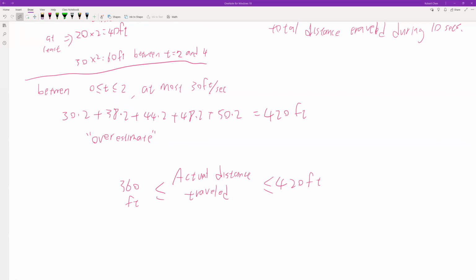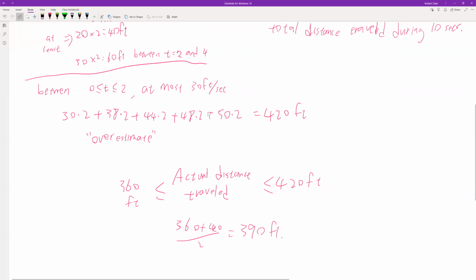And then, we can take the average of this: 360 plus 420 over 2. That'll give you 390 feet. So this is an average estimation, the average of the upper estimate and the lower estimate, which may be a little more accurate, but exactly how accurate we're still not sure.